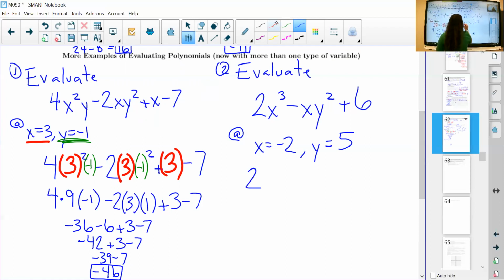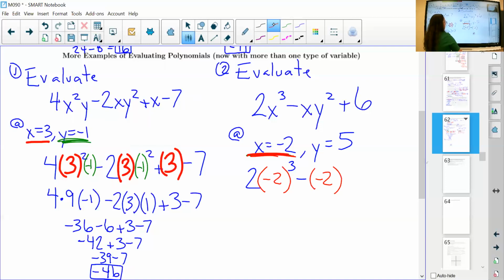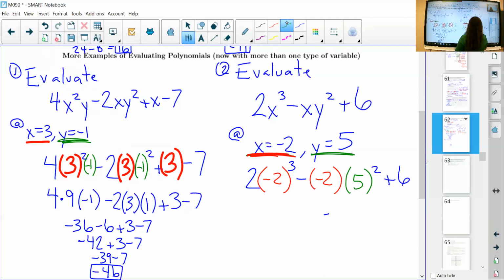I'm going to use red for my x. 2 times negative 2 cubed minus, there's an x again, so a negative 2 again, times y, and we said y was 5. I'll use green for my y. Don't forget that squared, and then plus 6.